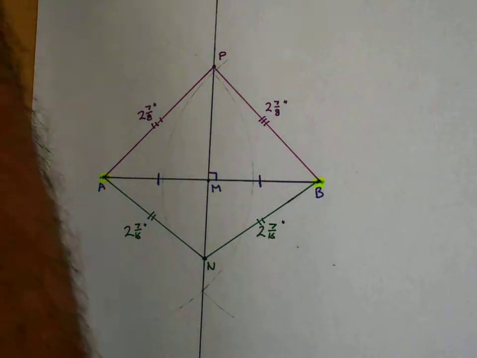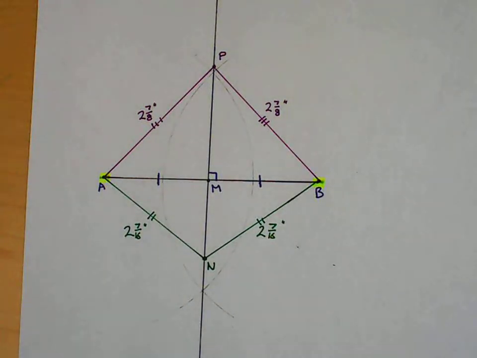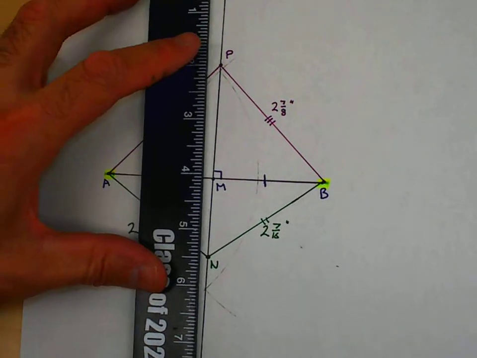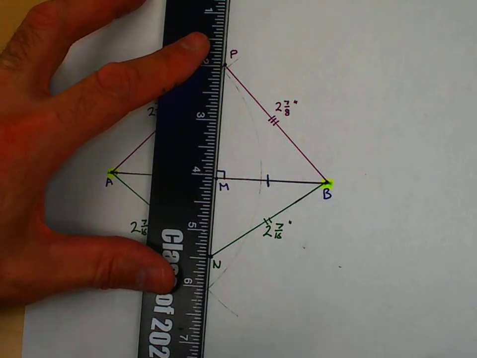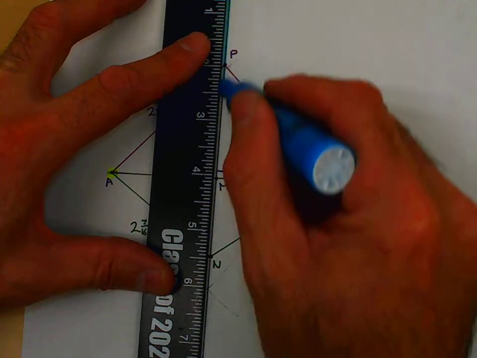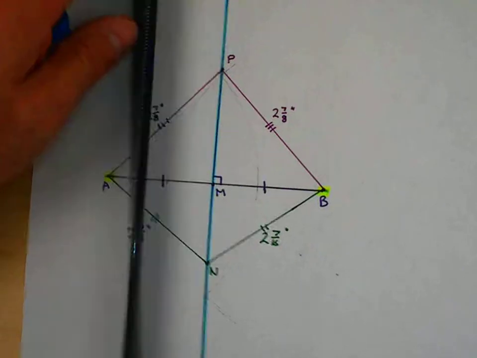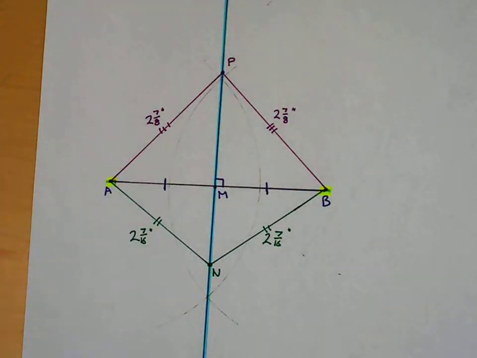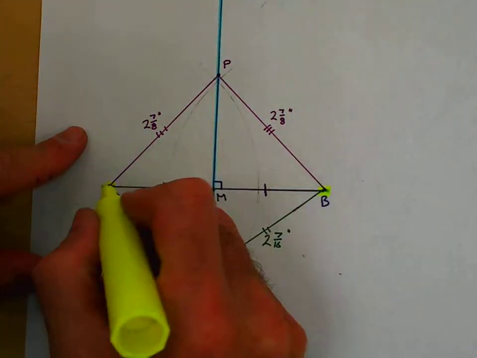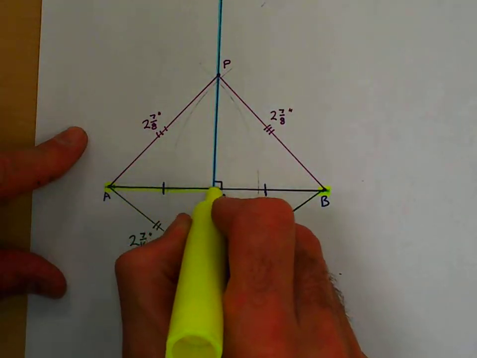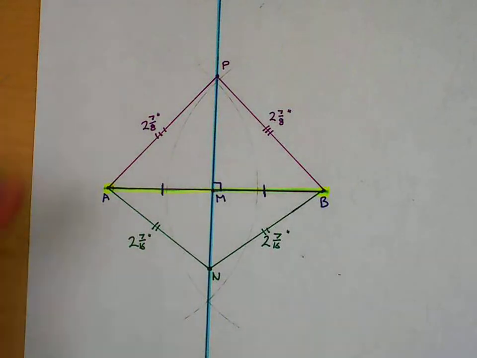And the perpendicular bisector is really going straight down the middle here. That's the perpendicular bisector of this segment right here. So hopefully that gives you some better perspective of the perpendicular bisector theorem. That's what that's really telling you.